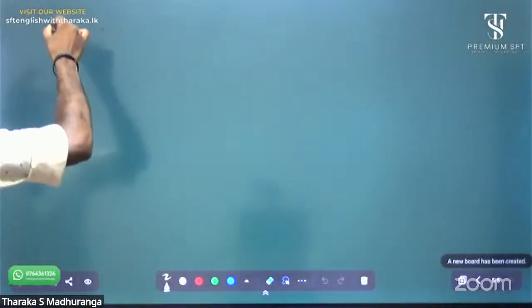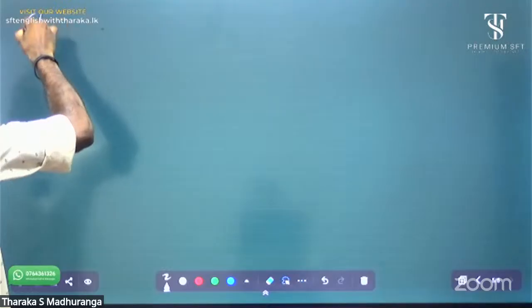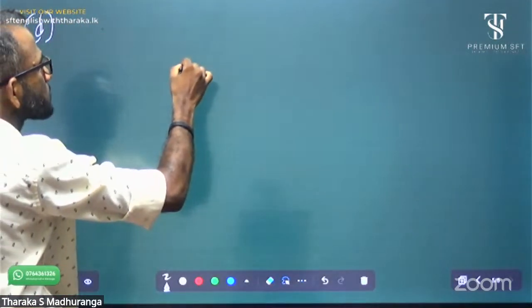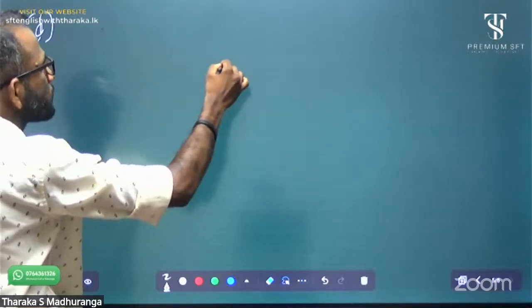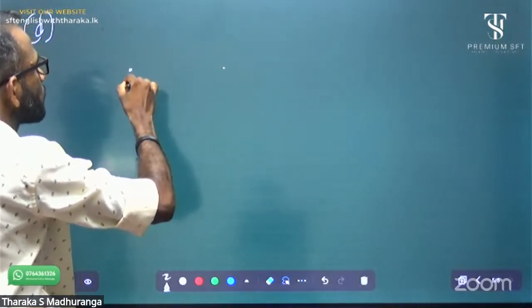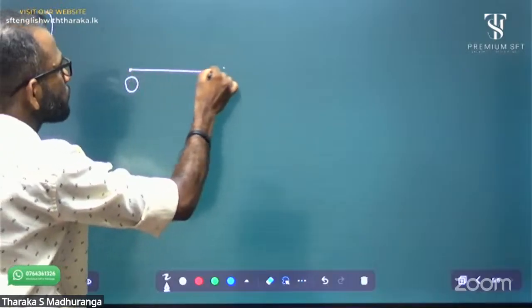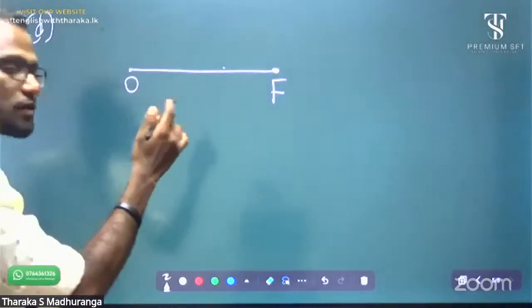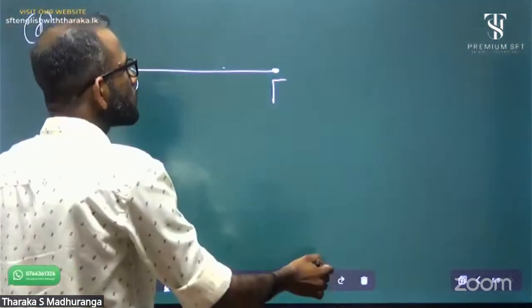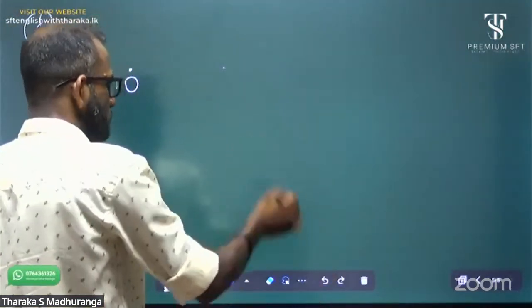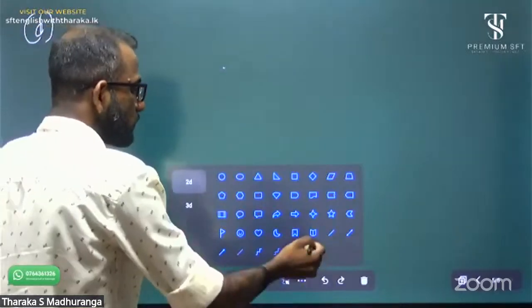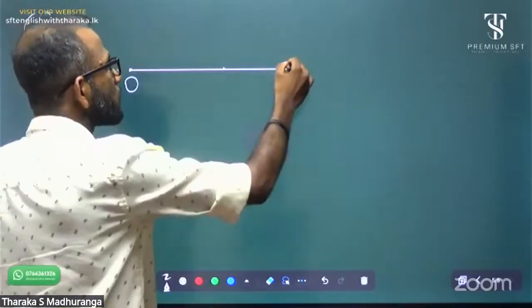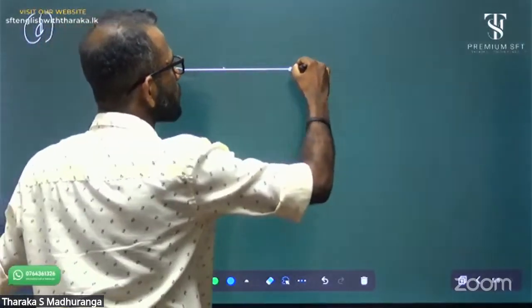Now, think this is a child, point O, and this is the F point, 60 meters away from the O point, and this is a tower.